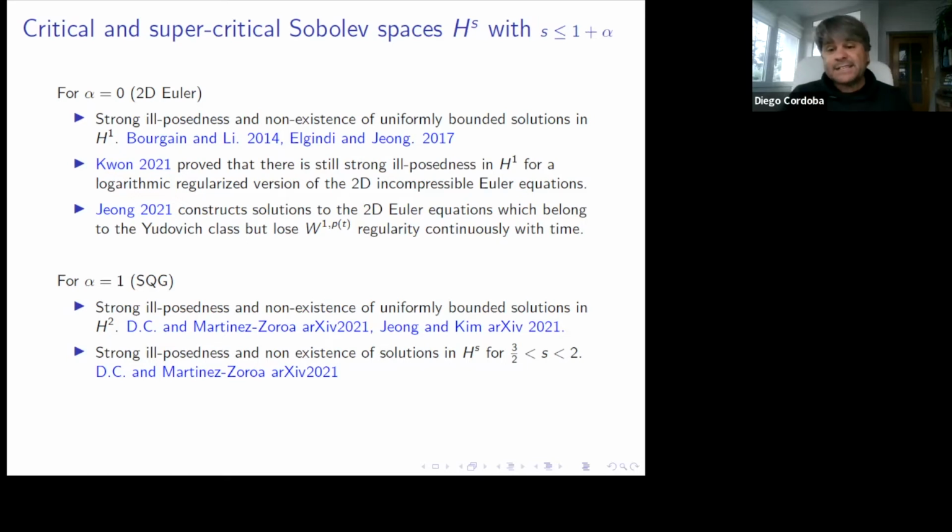So if we go to HS for S bigger than 3/2 and smaller than 2, we start with an initial data in HS in that range, and instantly afterwards you lose your HS norm, but you remain in H3/2, and the solutions are unique in the space in which these solutions exist. Okay.